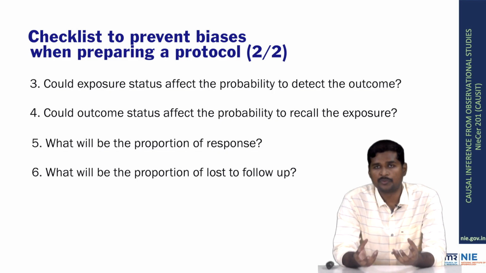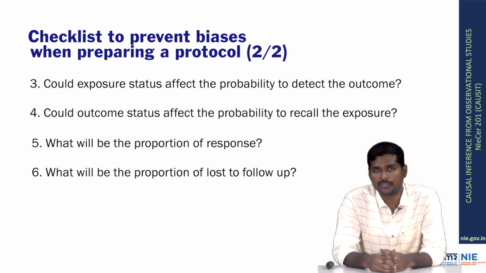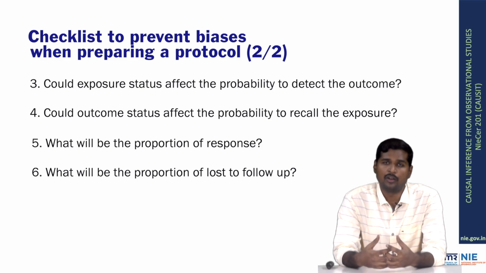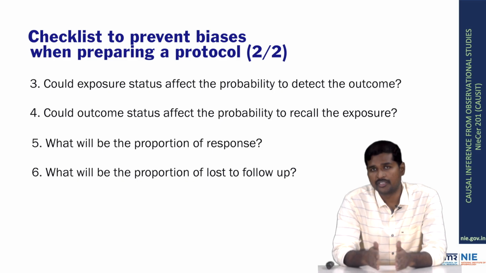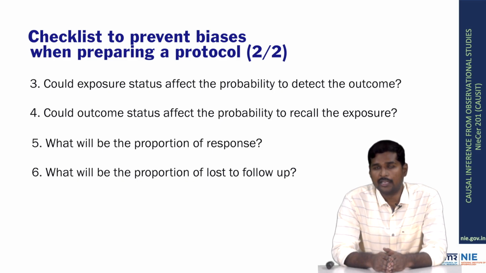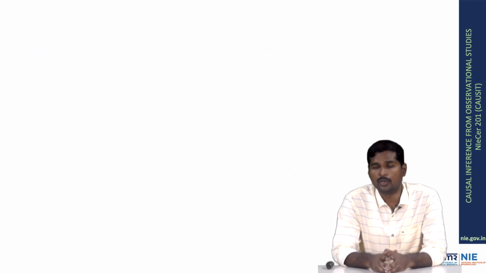So these two groups of people, a mother with a disabled child and a mother with a normal child, will have a different recall for their exposure. So if you think that this is the case, then probably you have to design something or ask your questions in such a way, or probably make it record based, to see that the ability to recall or measure the exposure is equal between these two groups. And with this, we can prevent the majority of the information biases creeping into our study. Thank you.